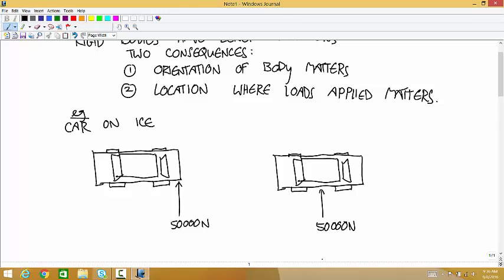If you apply that 50,000 Newton force through the center of mass, the car is not going to rotate at all. If you apply this 50,000 Newton force to the end, that car is going to spin around. So if you're thinking of these as particles, that's the same thing. Thinking of these as rigid bodies, those are two different things. And so that's what we're introducing now.